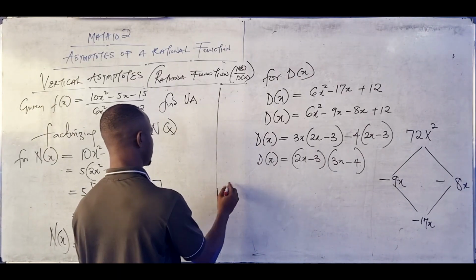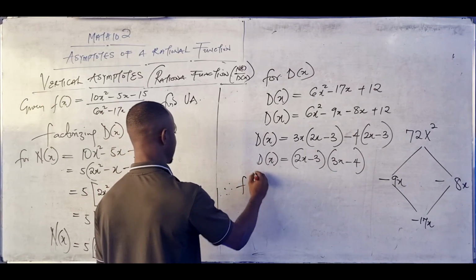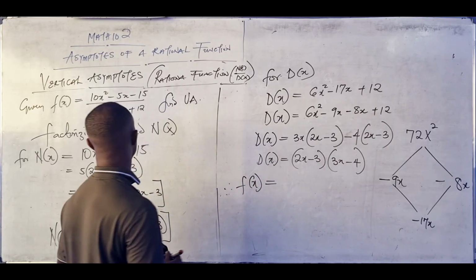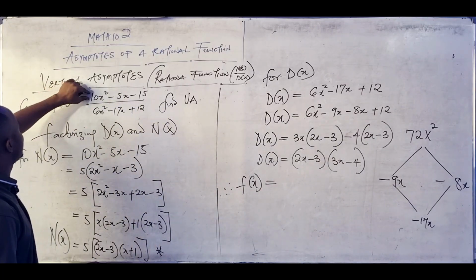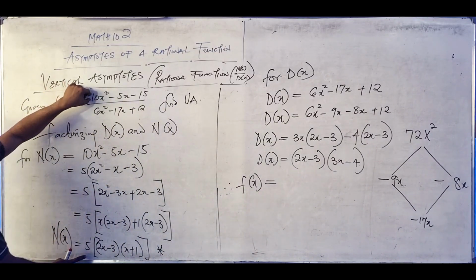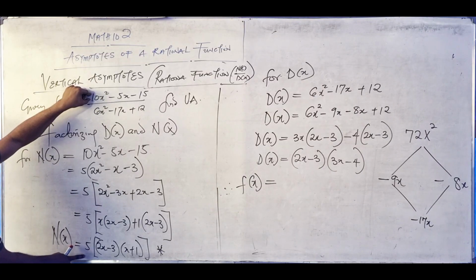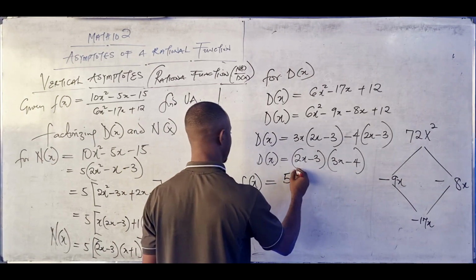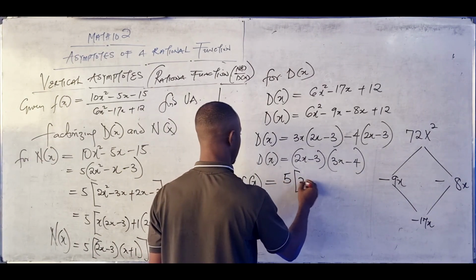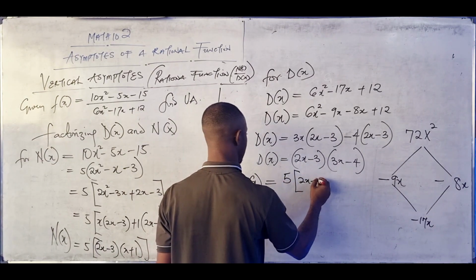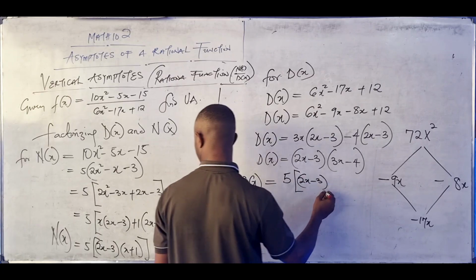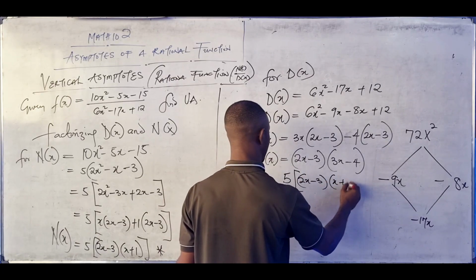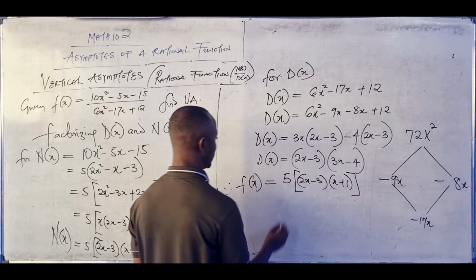Therefore, our f of s, what are the factors of the numerator? Can I bring out this as my numerator? That will give us 5 times s plus 1, are you following?